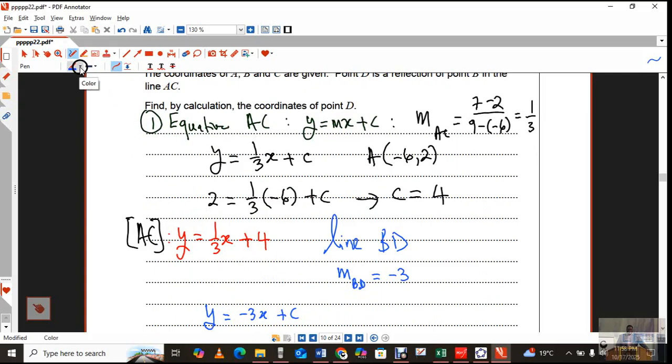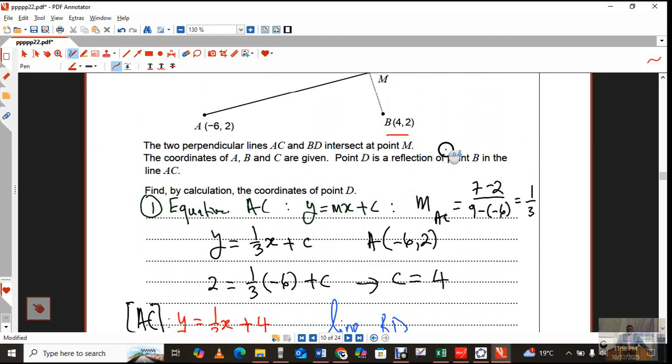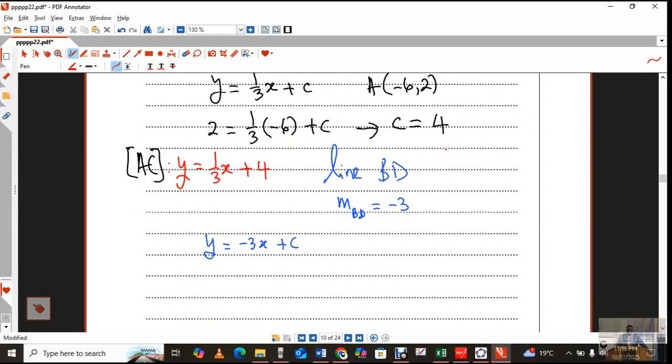I don't know what that c value is. But I do have point B, which is on that line. So I'll be substituting point B into my equation. The coordinates of point B are 4, 2.